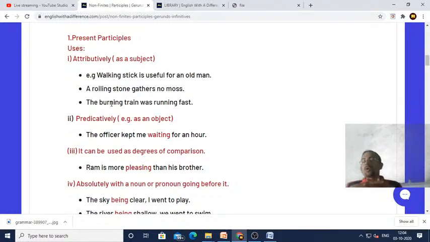It is so confusing at times between a present participle and a gerund, because in both we use the ing form of the verb, therefore it is very difficult to differentiate between them. So whenever I explain the rules, please listen very carefully, and after the class is over, sometime in the evening, open my website and go through the rules that I have discussed in the live class. Then only you will be able to retain these rules, otherwise it is very difficult.